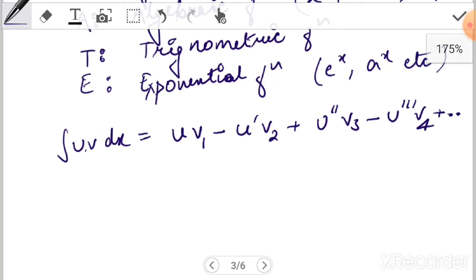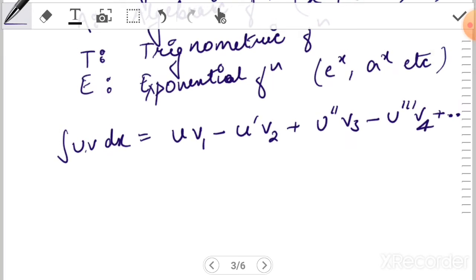Okay, where dashes denote differentiation, order of differentiation, and suffixes denote integrations, order of integration.